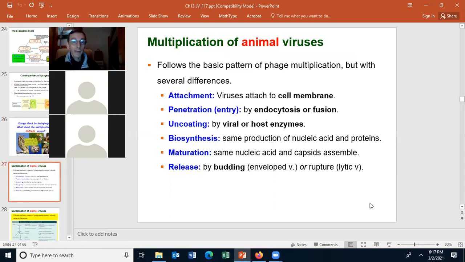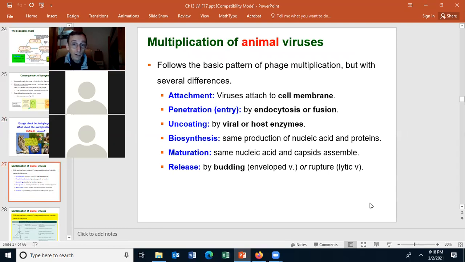The multiplication of animal viruses follows the same basic pattern of the multiplication of bacteriophages, but there are several differences. The attachment, of course, is different because the virus has to attach to the cell membrane, but it still has to attach to the host cell. The penetration is different. You don't have to get through a cell wall and then inject your genome into the cell.